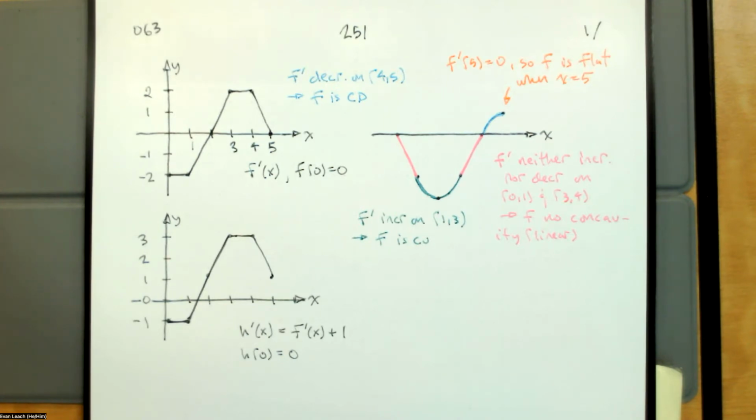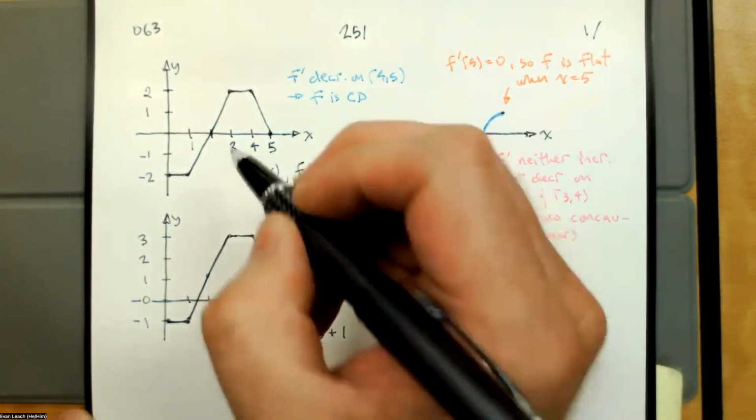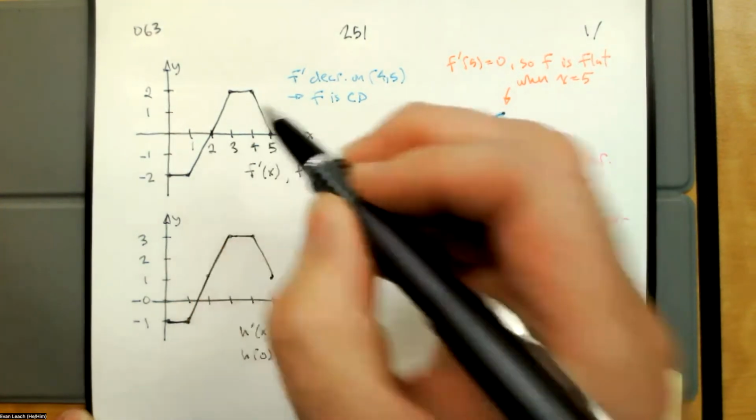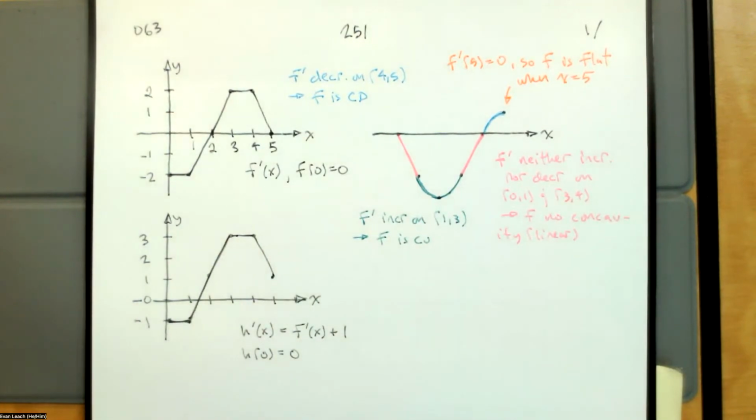We also might want to notice that the function changed direction at x equals 2. F prime changed sign when x equals 2, so f changed direction at x equals 2.